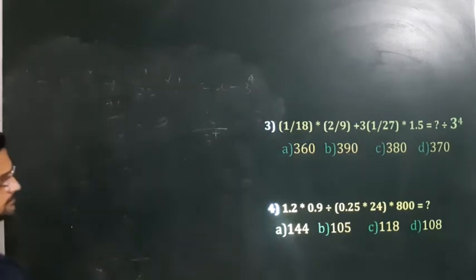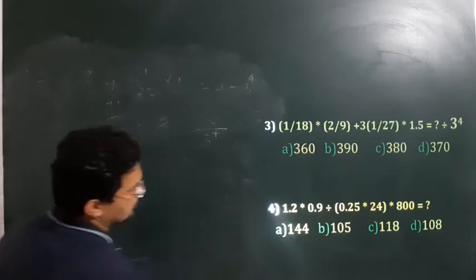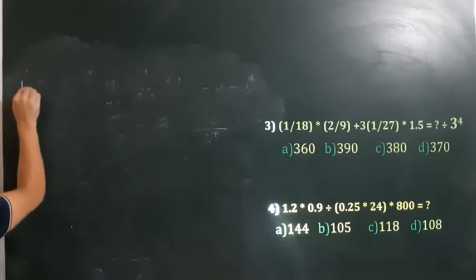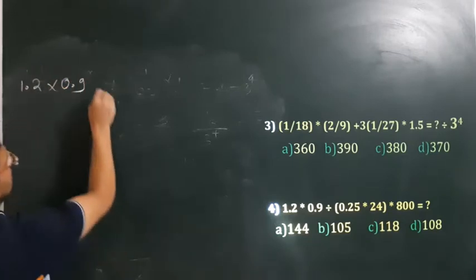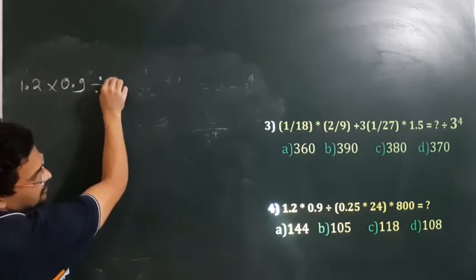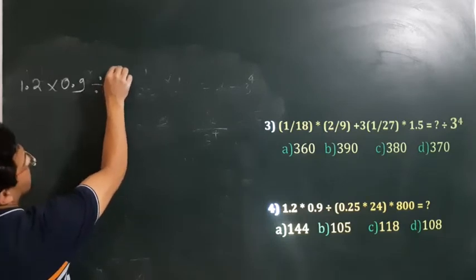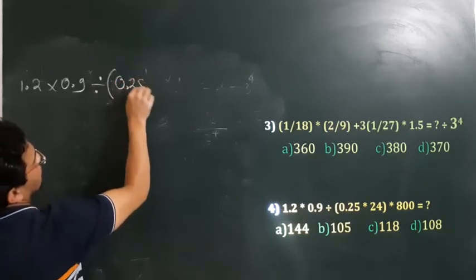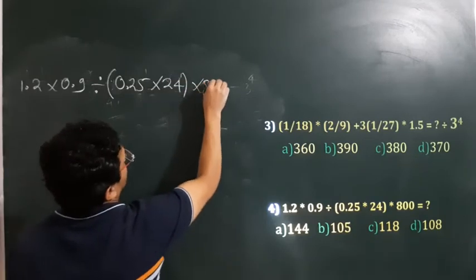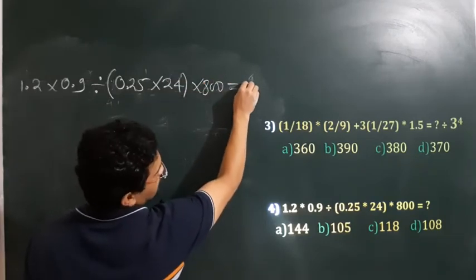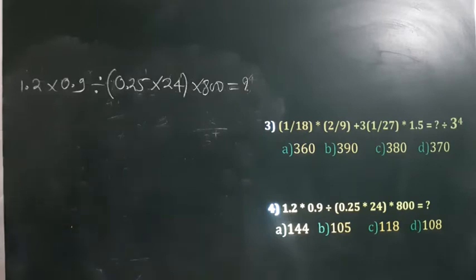Same, this one: 1.2 multiplied by 0.9, and whole divided by 0.25 multiplied by 24 multiplied by 800 is equal to how much?